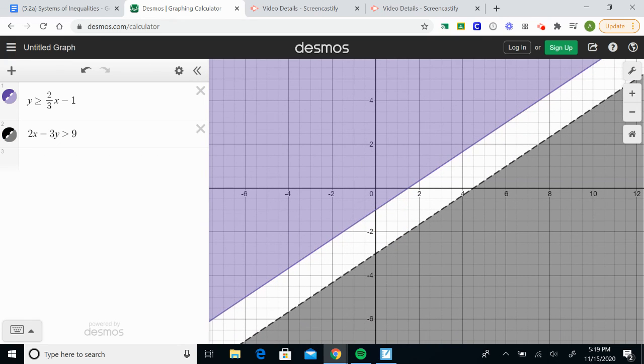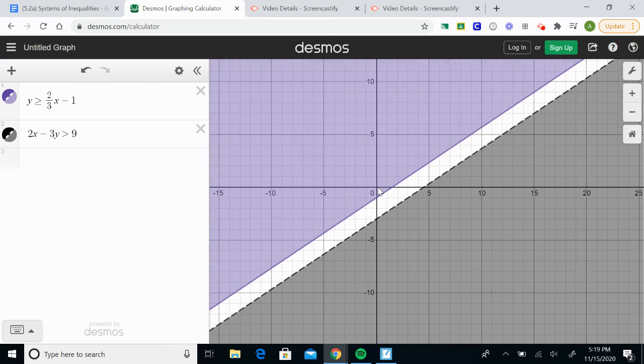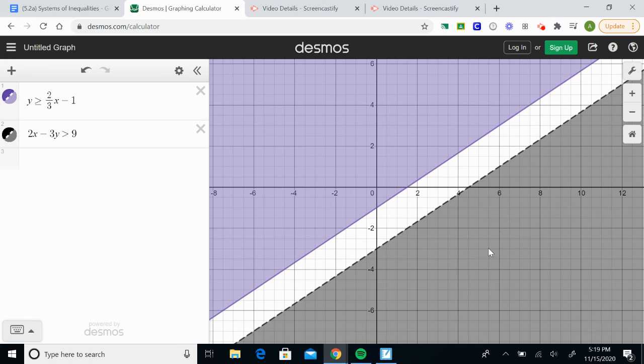All right, so here I have two inequalities graphed, and do I have a double shaded area anywhere? No, I don't have a double shaded area, so this would be no solution. Okay, so I can still get no solution for inequalities. And there is our graphing inequalities systems.